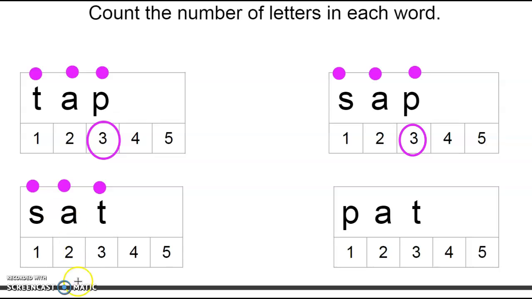Counting those letters, we have 1, 2, 3. There are 3 letters in the word sat. Moving on to our last word on this page, it starts with a P. This is pat. Pat and sat also rhyme. Pat is spelled P-A-T. Counting those letters, we have 1, 2, 3. There are 3 letters in the word pat.